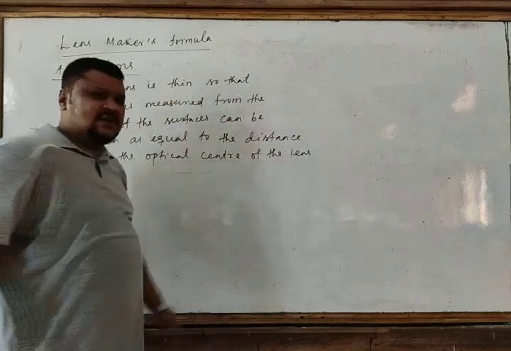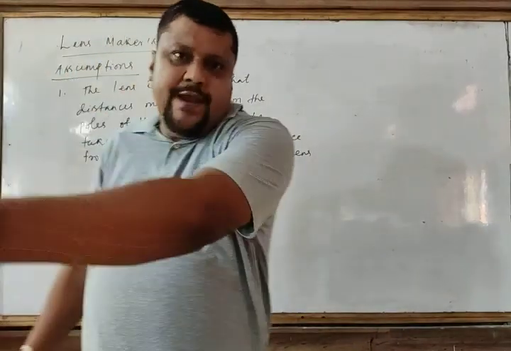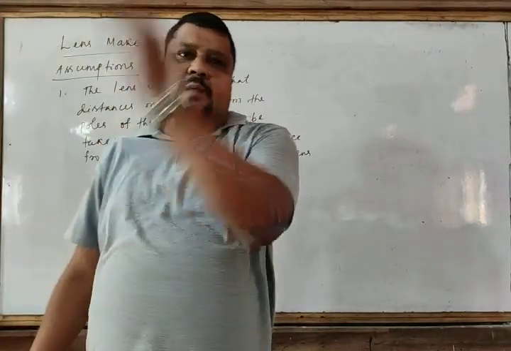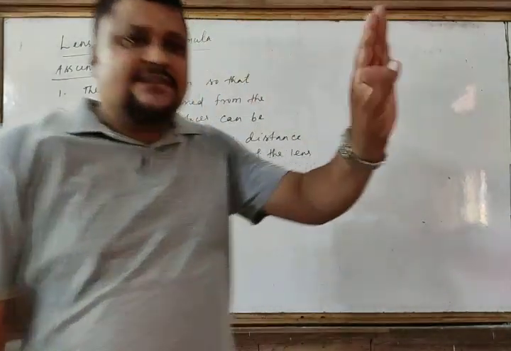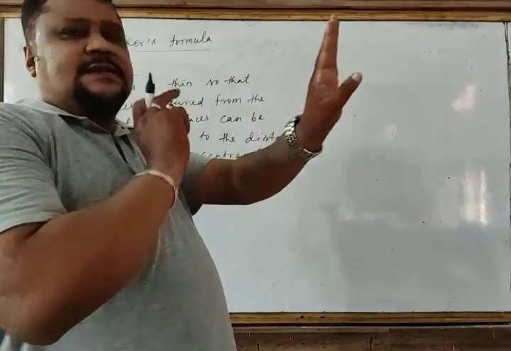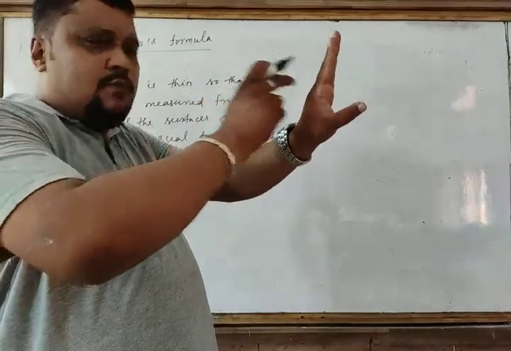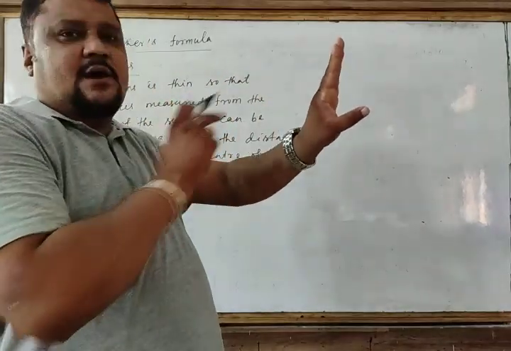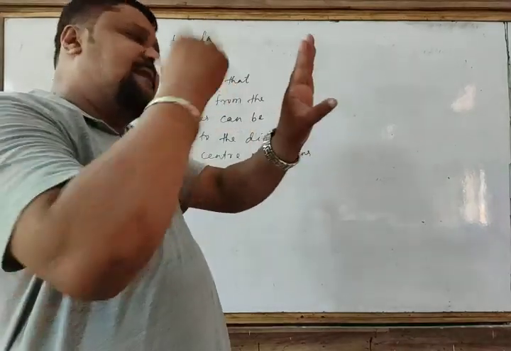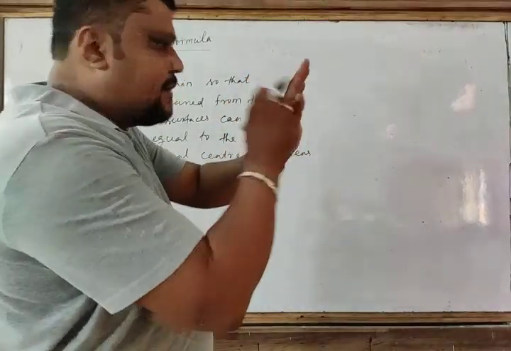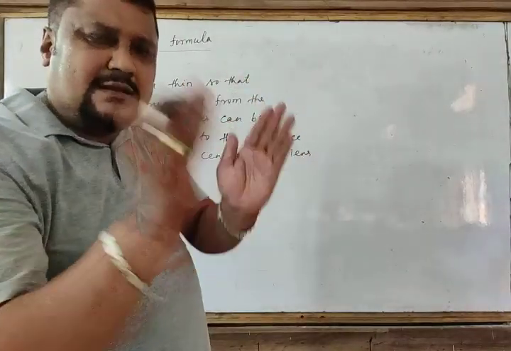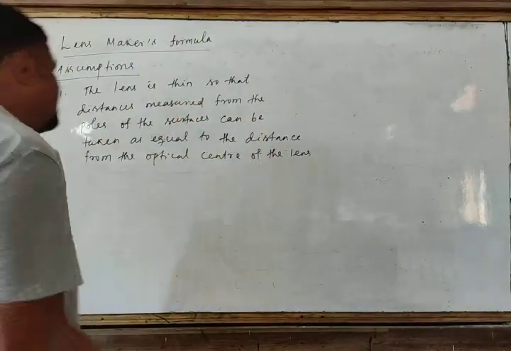Suppose an object is placed in front of a lens with a convex surface. The distance measured from the pole of the convex surface to the object is the same as for the lens from the optical center to that point. They are very close. I will show that in the figure.